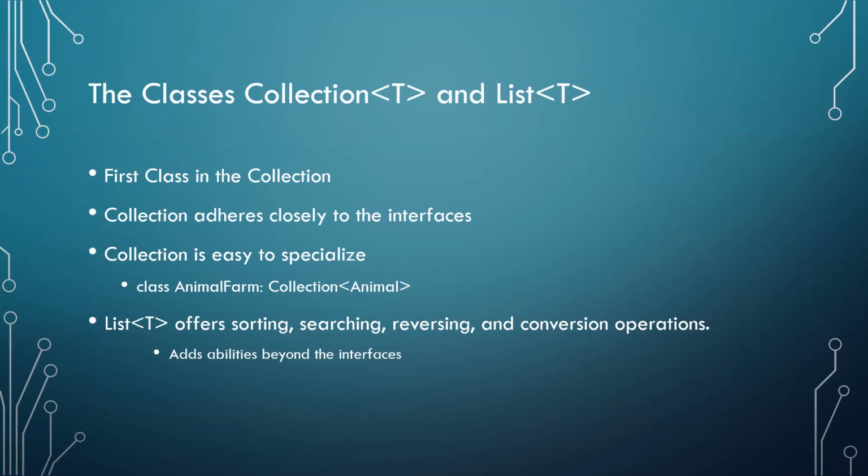So here, we're going to discuss the classes Collection and List. These are our first concrete classes. They inherit. The Collection class adheres closely to the interfaces. It's easy to specialize. So, for example, if you have an animal farm, it is a collection of animal, whereas the List offers elements beyond the interfaces.